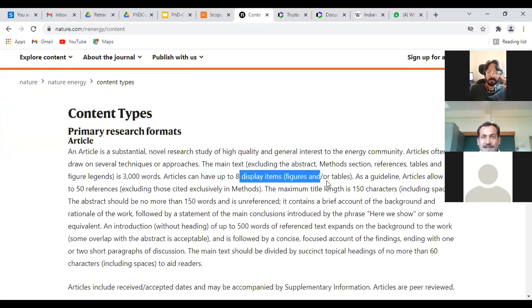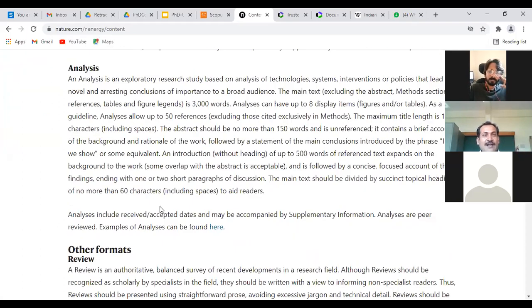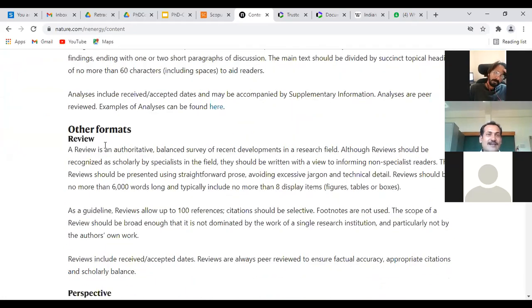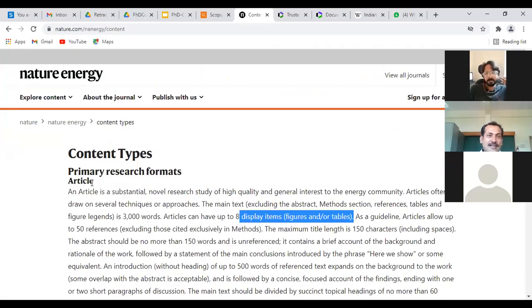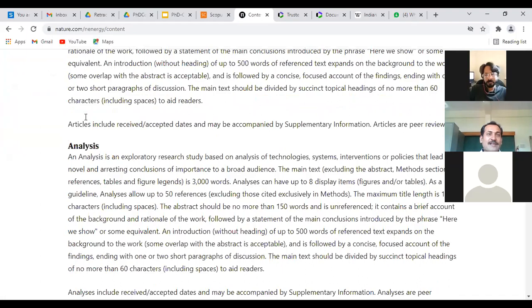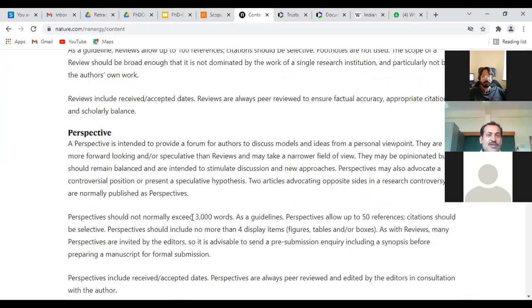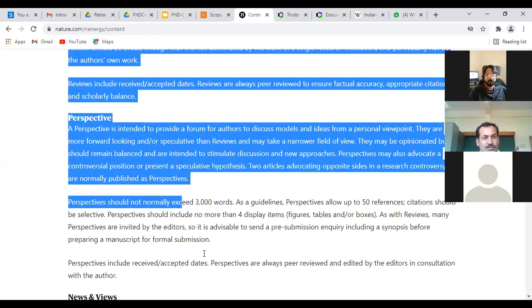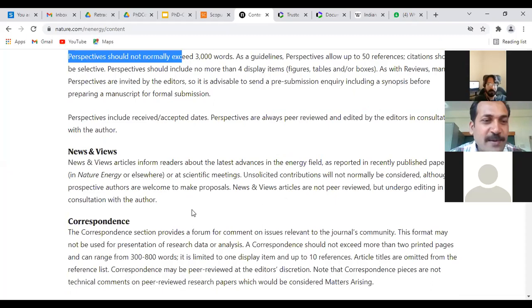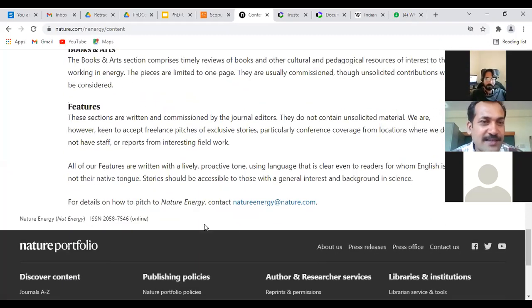It should display the figures and tables properly. All these details are given here, and guidelines are also given here, right? We can publish the articles, right? We can publish the analysis, which can publish the reviews, perspectives. All these are types, and what those are is given here. Please go through this. It will take a lot of time if I keep explaining each and everything here.